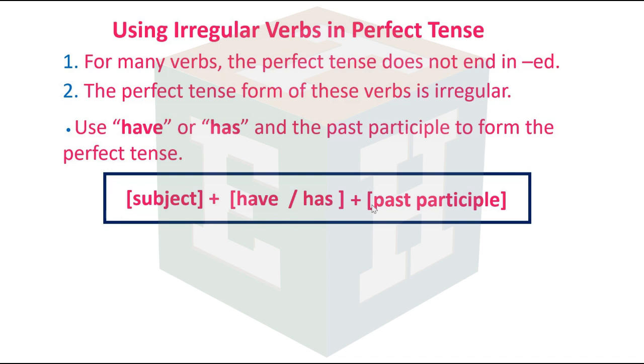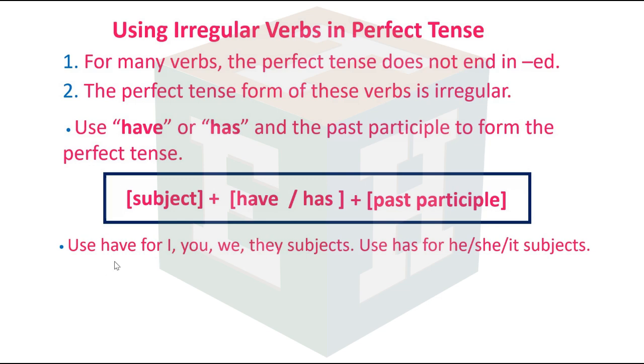Use have for I, you, we, they subjects. Use has for he, she, it subjects.